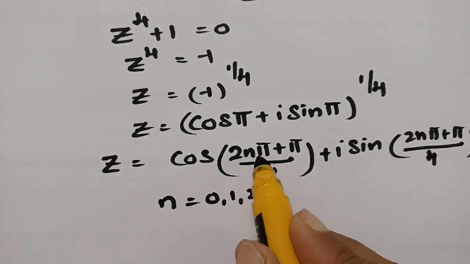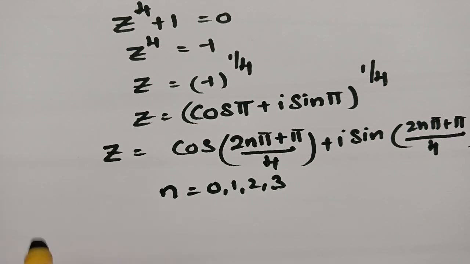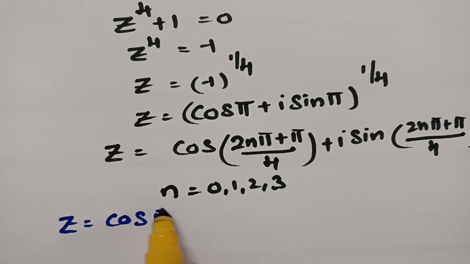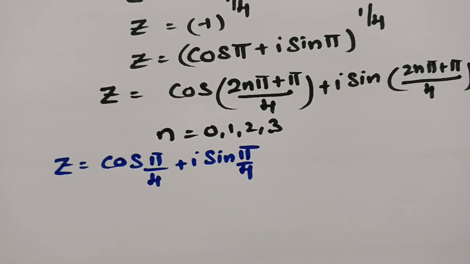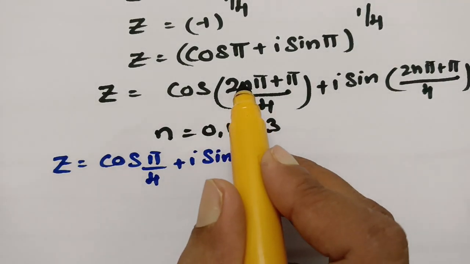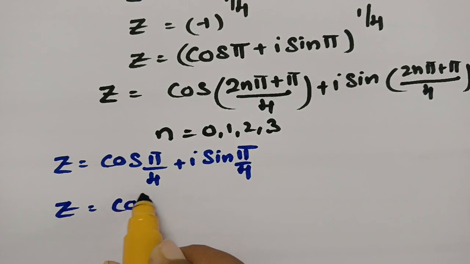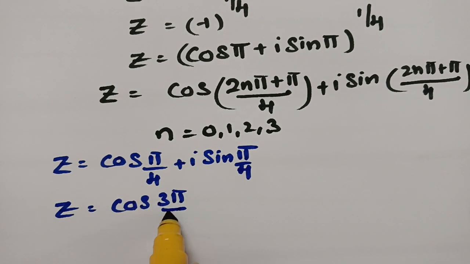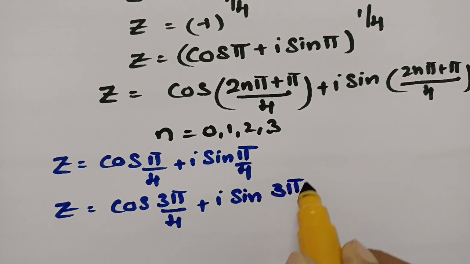If you put n equal to 0, the z value will be cos pi by 4 plus i sin pi by 4. Next, if you keep n equal to 1, this is 2 pi plus pi, 3 pi, so z is equal to cos 3 pi by 4 plus i sin 3 pi by 4.